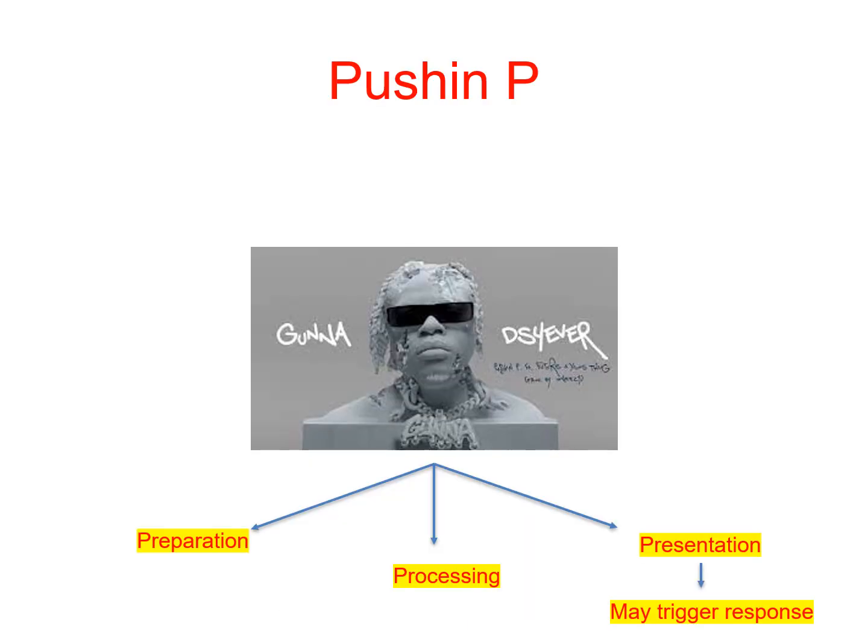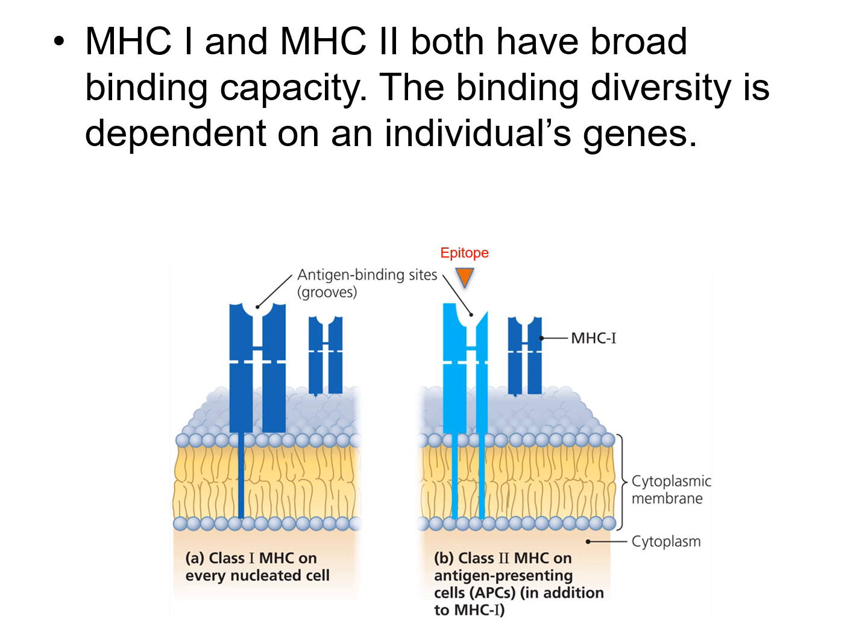Pushing P. So we talked about preparation, processing, and presentation. Presentation may or may not trigger the response. So MHC1 and MHC2 both have broad binding capability.